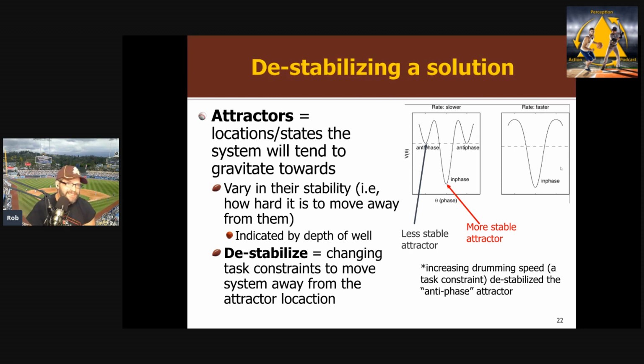What that does is destabilize the anti-phase attractor, right? You no longer can perform the task goal using that solution. So I've kicked you out of that solution, right? So that's essentially what we want to do in the CLA. We want to kick you away from the one you're using. We want to make that solution less stable and push you out of it, right? So that's what we mean by destabilization.